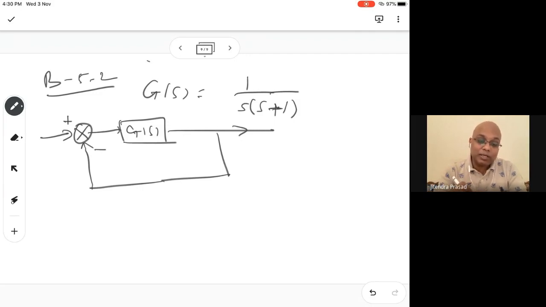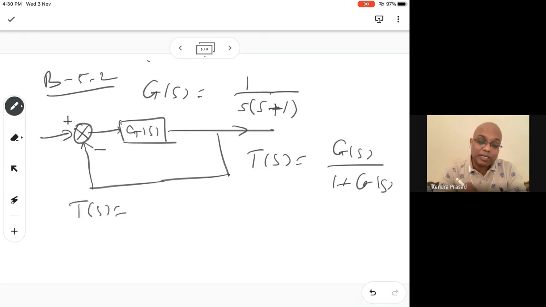Okay, so we have this one, right? And then you know that closed loop transfer function will be equal to simply GH over 1 plus GH. So you get that, and hence closed loop transfer function TS will be equal to simply 1 over S plus 1 plus 1. Yeah, and simply from here you get the characteristic equation, which is S square plus S plus 1.